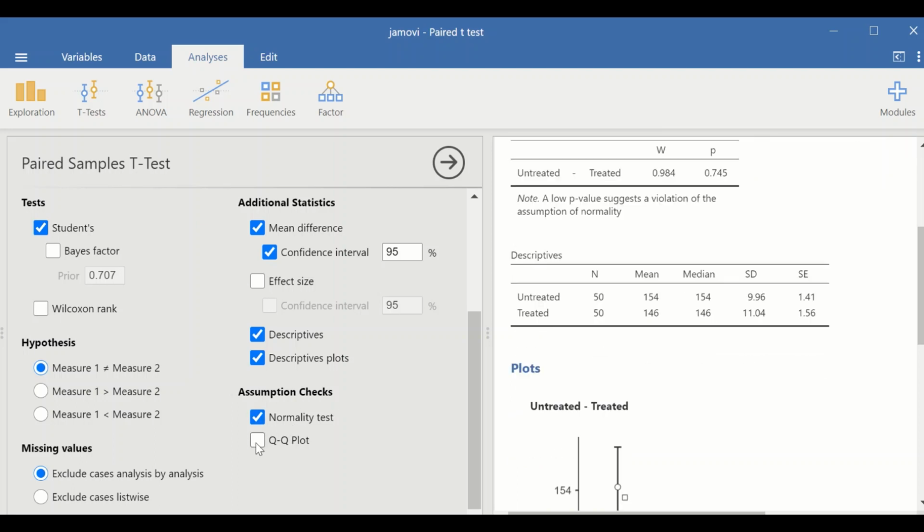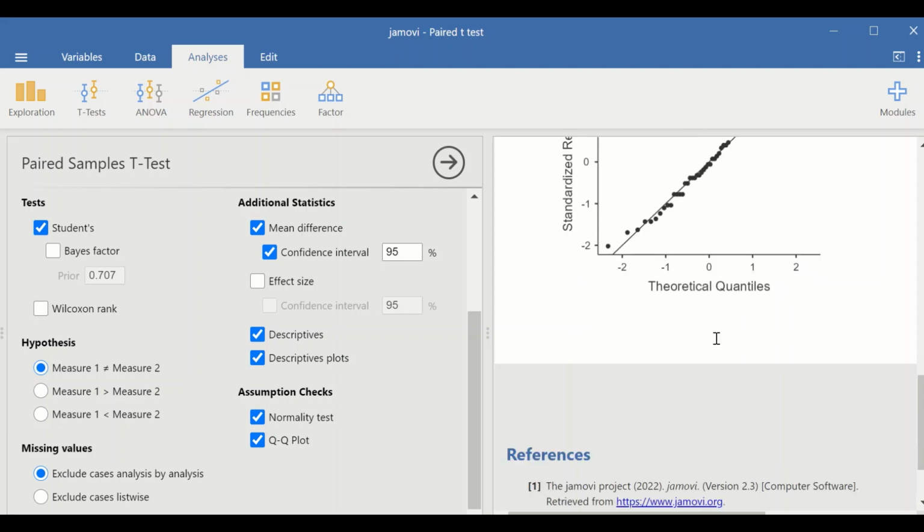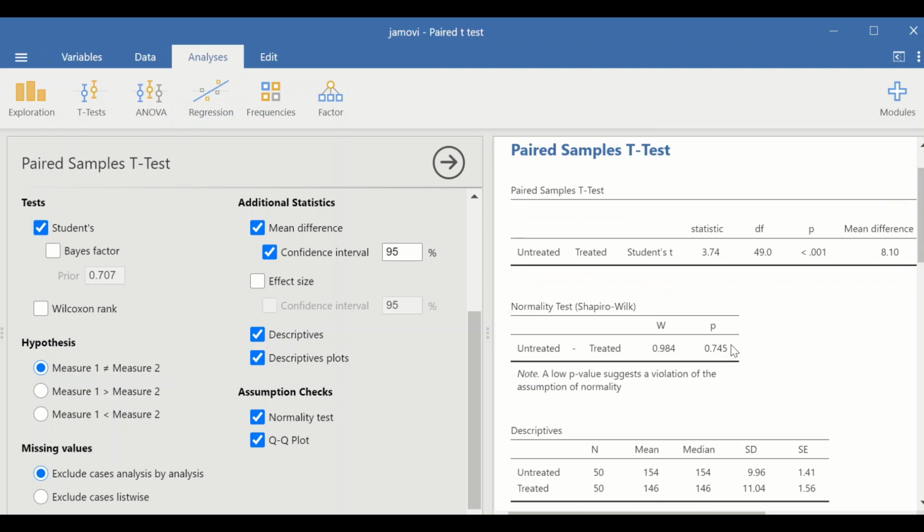We could also tick the Q-Q plot, which shows that the small circles align along the diagonal line. So this is the way to perform the paired samples t-test in Jamovi.